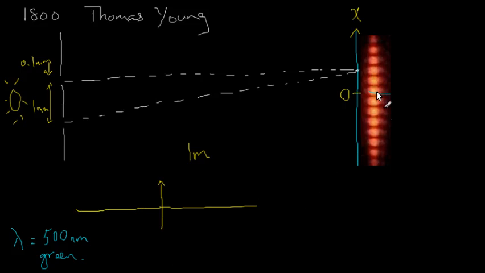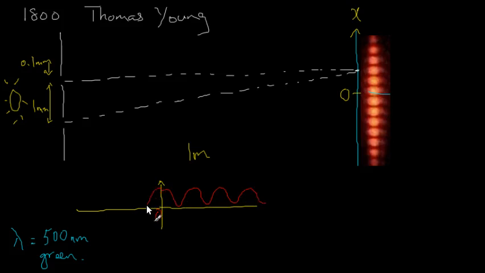Now you can see from here that I would get a fringe pattern that might look like this. So at the center, at x equal to 0, I would have a bright fringe, and then the next bright fringe, and the next bright fringe, and so on.